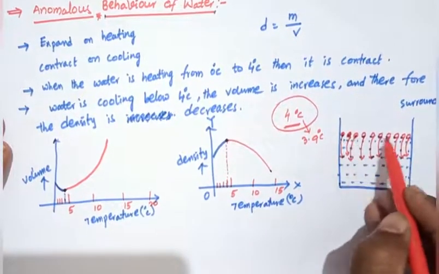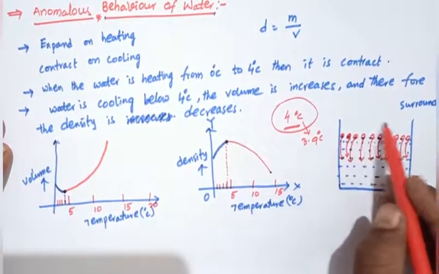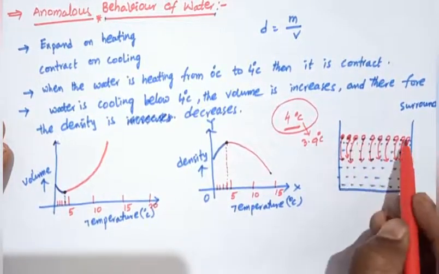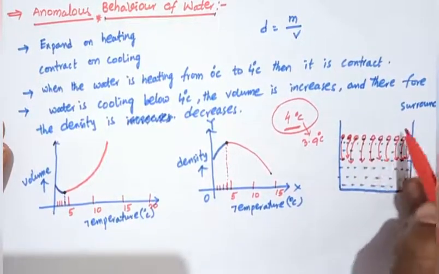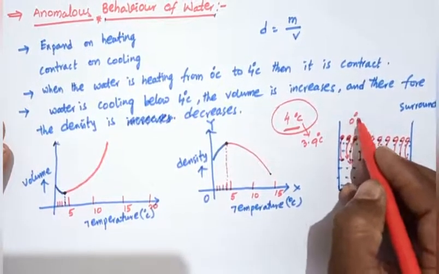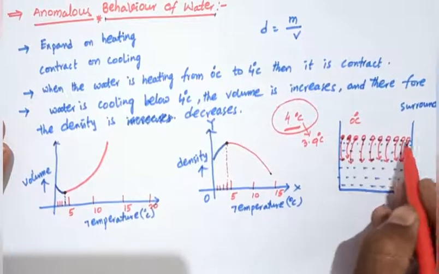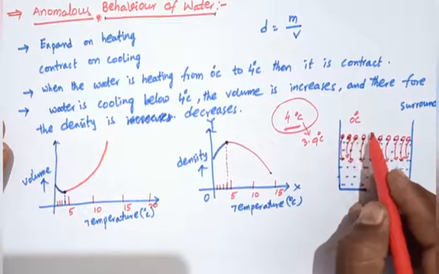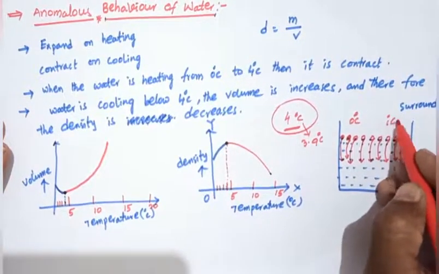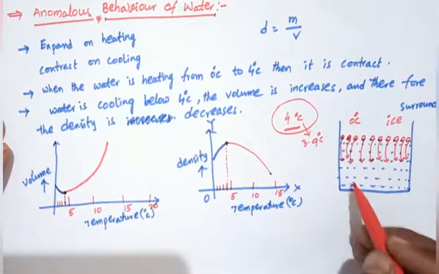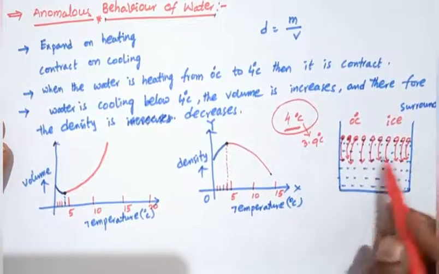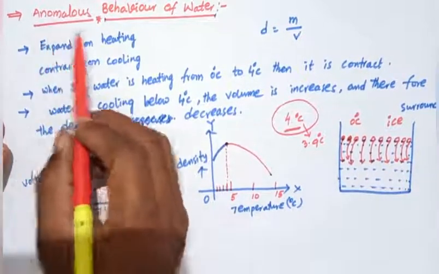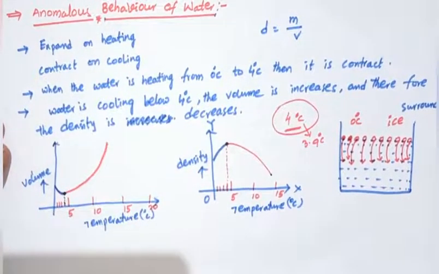It keeps cooling until 0 degrees Celsius, and only the top molecules are converted to ice, and the water molecules below remain in liquid state. Such type of behavior is called the anomalous behavior of water.